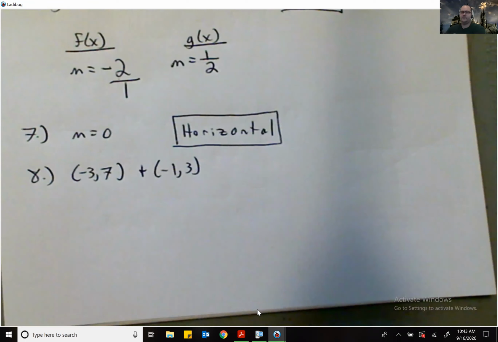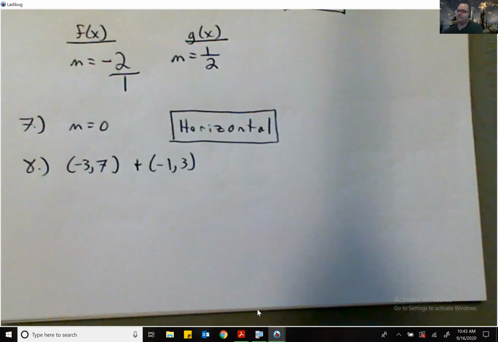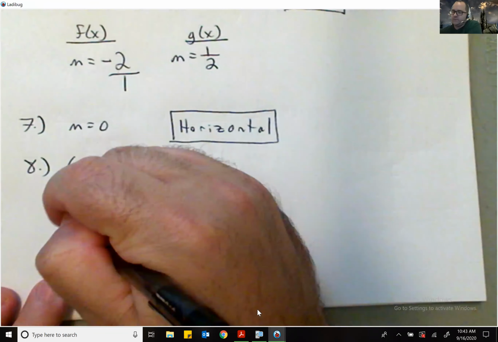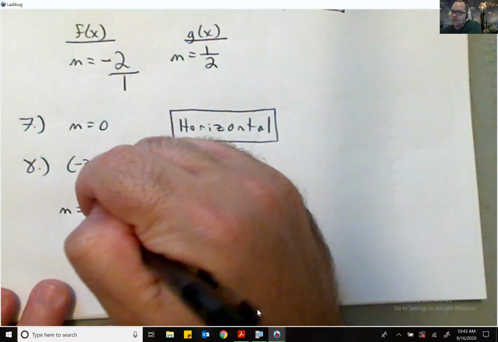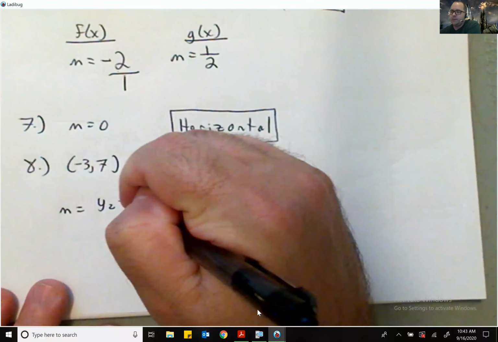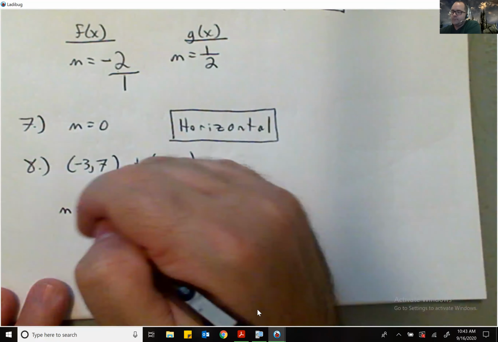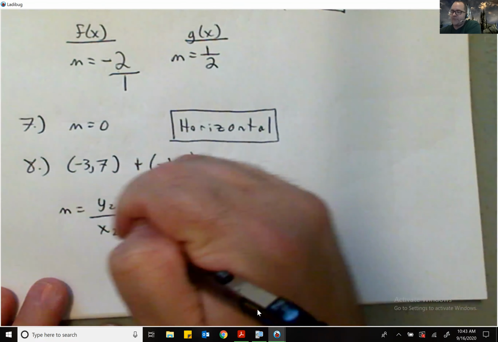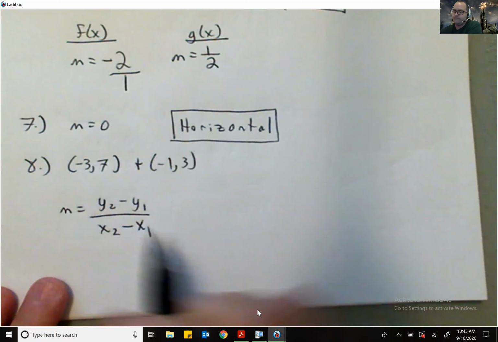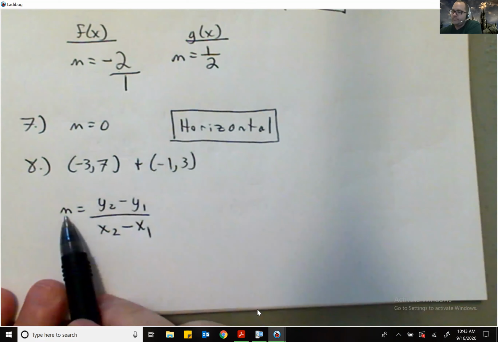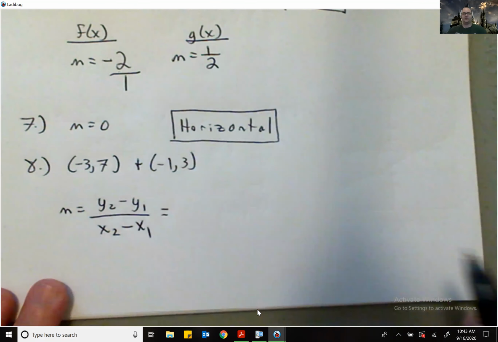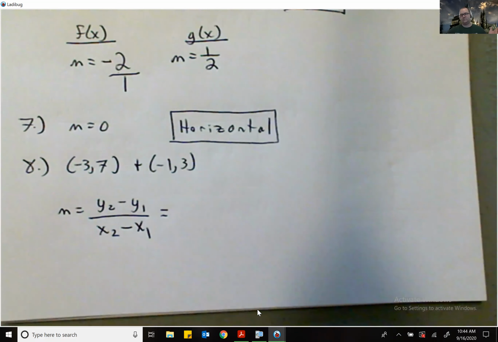Is it like y2 minus y1? Yes, because what are you finding for me? You said y2 minus y1. Then what? Keep going, Stephanie. Over x2 minus x1. Yeah, because you have to find what first? Slope. We need the slope first. Without the slope, we can't do anything.